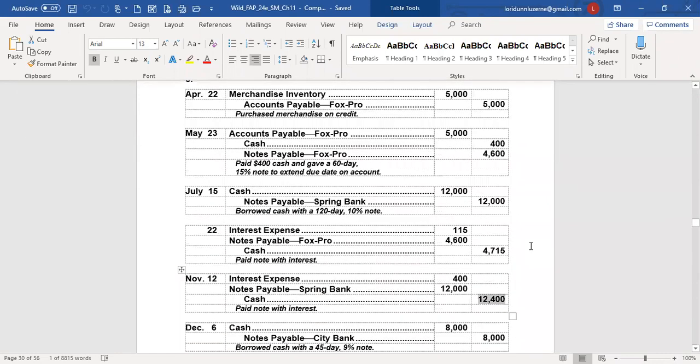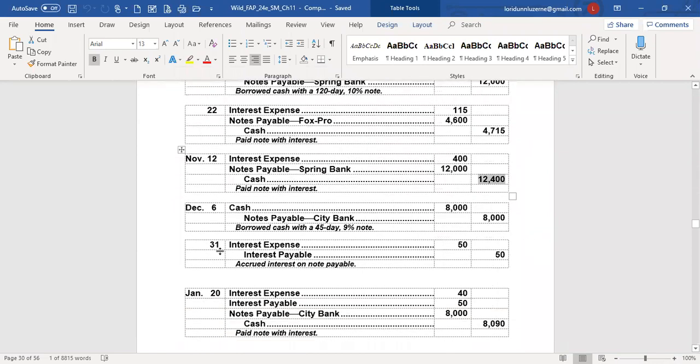So we must accrue it as an adjusting journal entry, debiting interest expense for $50, crediting or increasing interest payable for $50. Since the interest occurred this year, we have to record it as interest expense in year 1, that part of it.